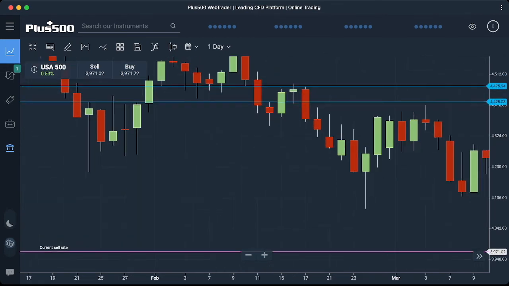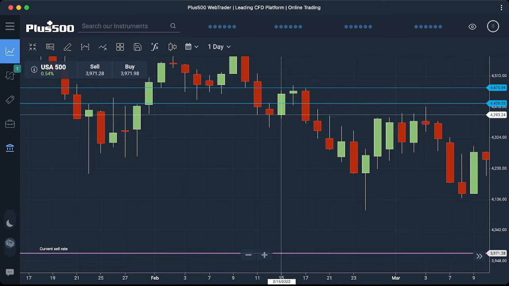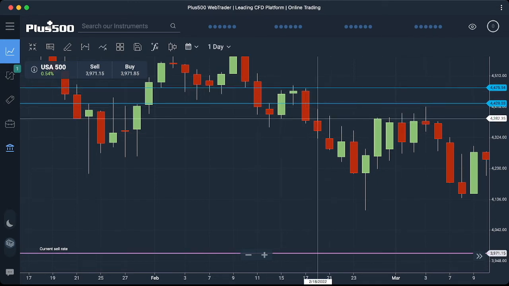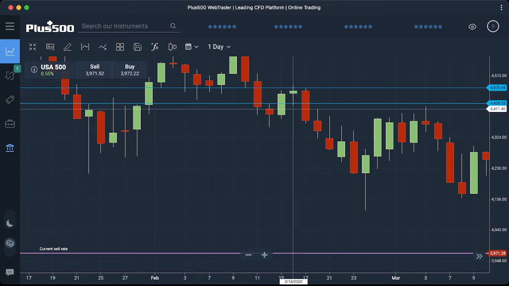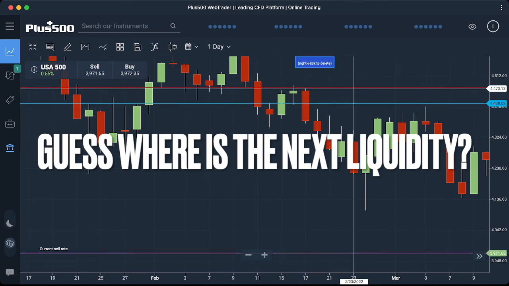Then once we get this candle, it's giving us confirmation, and I think by now you know after such a formation, swing high and continuing bearish pressure from this swing high, you know what will be the next liquidity. Of course, you should guess now.